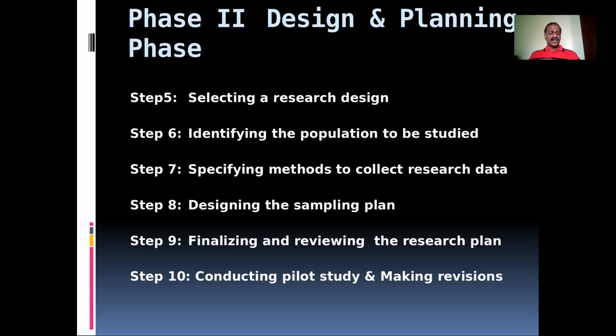I have mentioned that we have fixed the population, but it is difficult to collect data from the whole population. For example, we are doing a study to identify the learning difficulties of BSc nursing students in Kerala because of online education. That is the topic. But it may be very difficult for us to collect data from all BSc nursing students in 128 nursing colleges of Kerala.